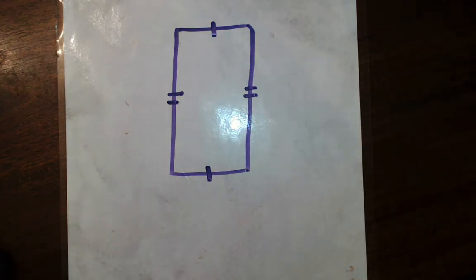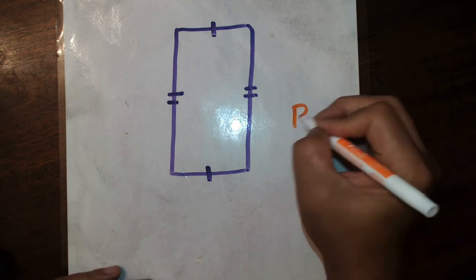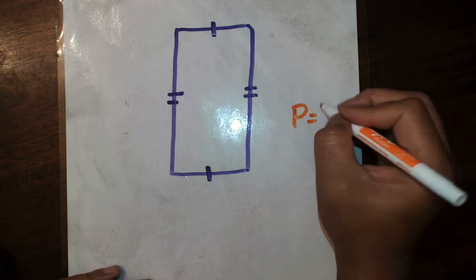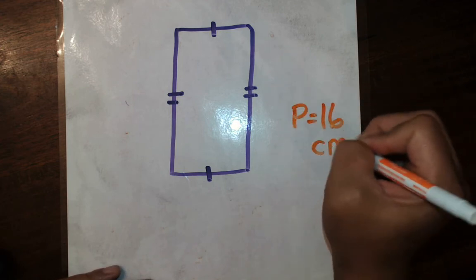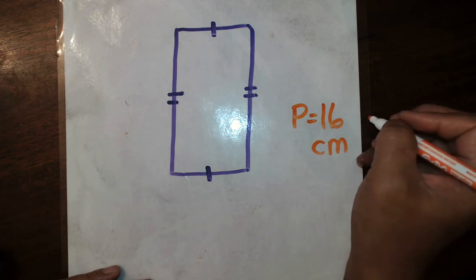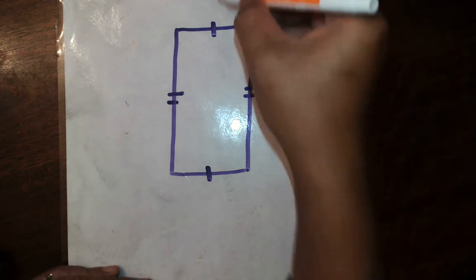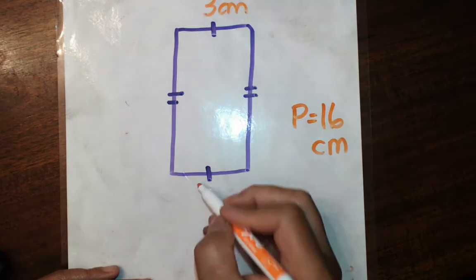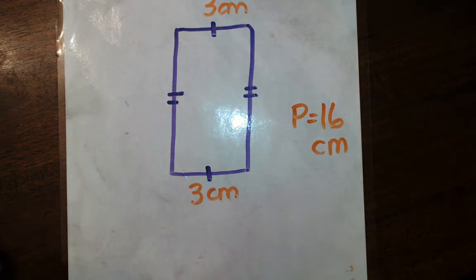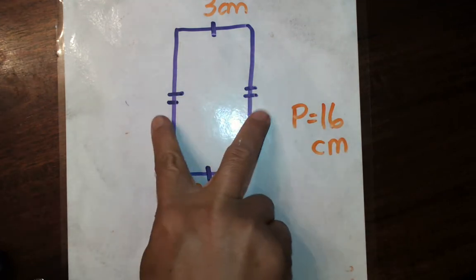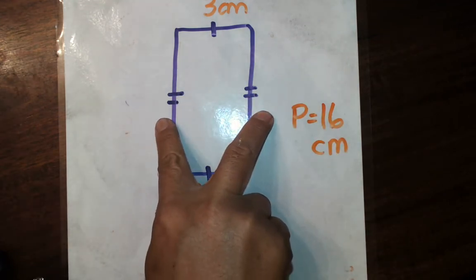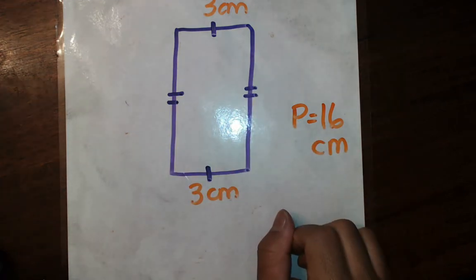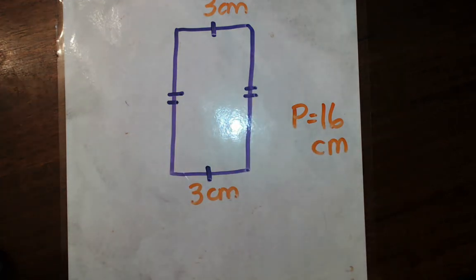What if I told you the perimeter here was 16 centimeters and all you have is just these two sides? Let's say this side is 3 centimeters and this side is 3 centimeters. And I don't give you the other two. You know that they're equal to each other, right? But what could they be if you don't know one of them?